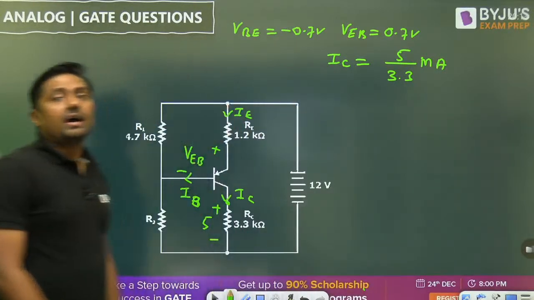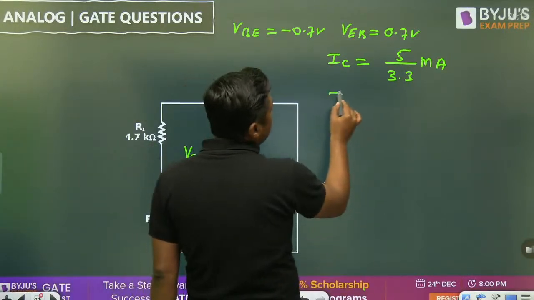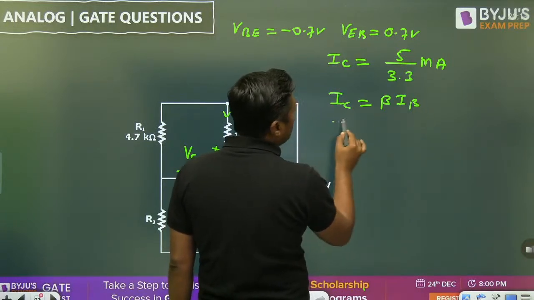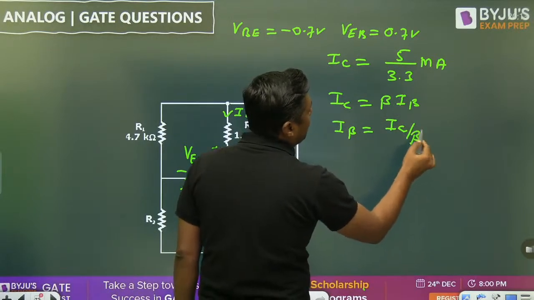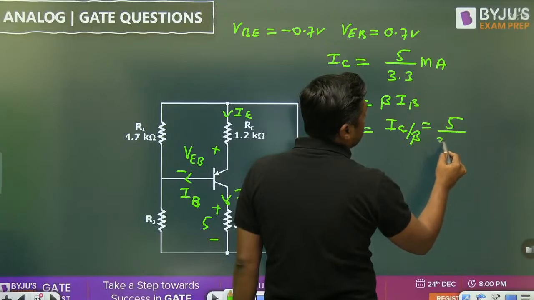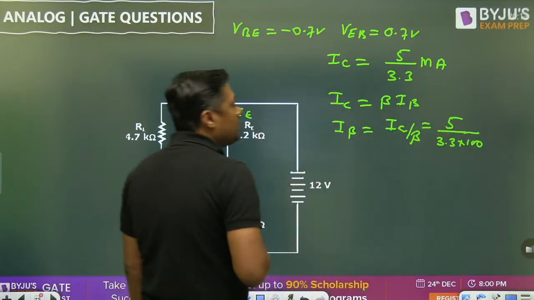Once you get the IC, you can find IB. What is the IC in active region? IC is equal to beta IB. So IB is equal to IC upon beta. What is the beta given? 100. 5 divided by 3.3 into 100. That is the value of IB in milliampere.